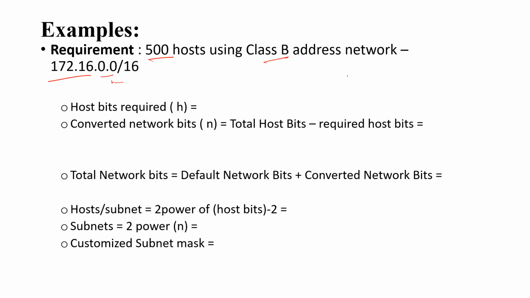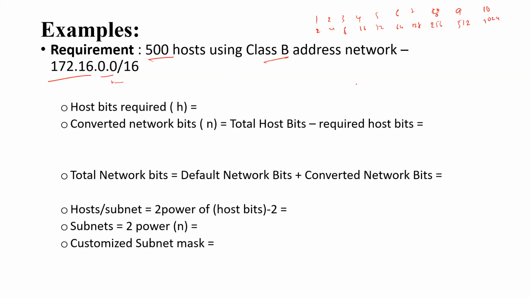So let's have the powers of 2. 2 power 1 is 2, 2 power 2 is 4, 2 power 3 is 8, 2 power 4 is 16, 2 power 5 is 32, 2 power 6 is 64, 2 power 7 is 128, 2 power 8 is 256, 2 power 9 is 512, 2 power 10 is 1024.